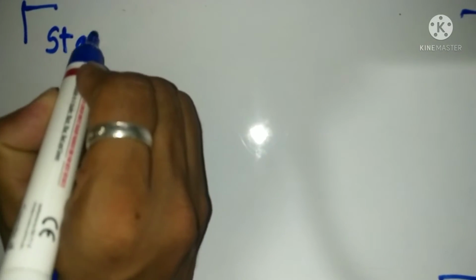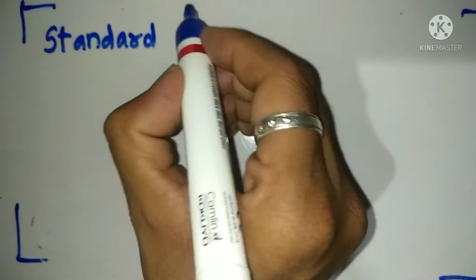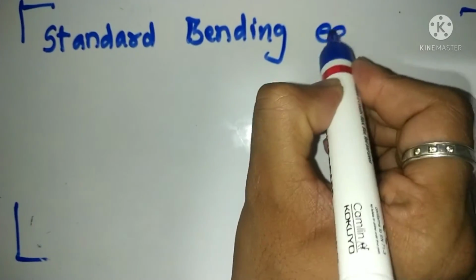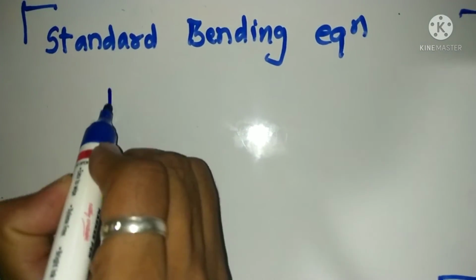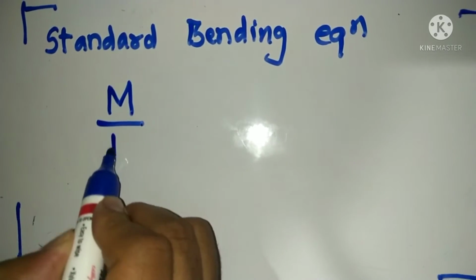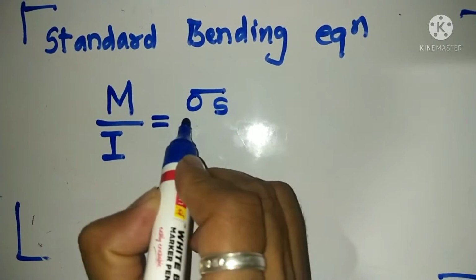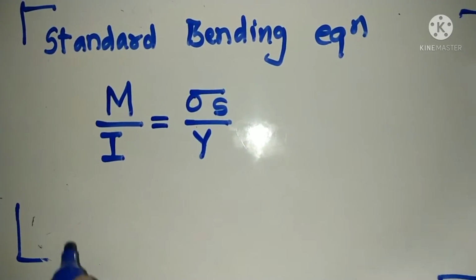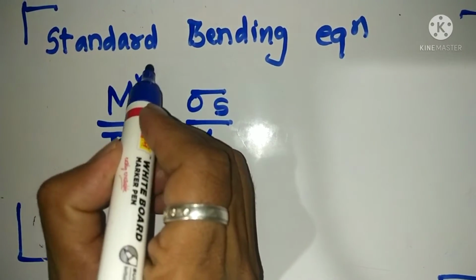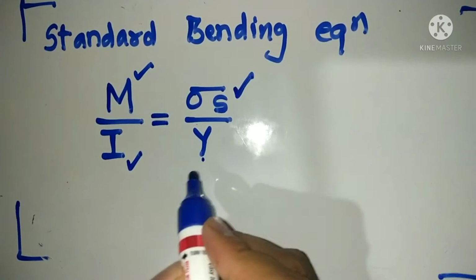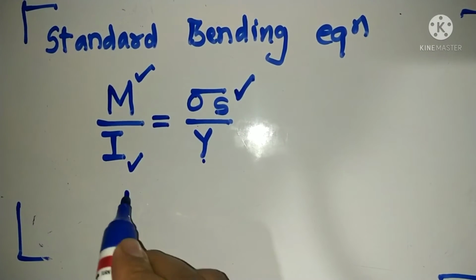So we will start with the solution. First of all, I will write down the standard equation for the bending, which is given by M by I is equals to sigma by Y. Here M is bending moment, I is moment of inertia, sigma is stress, and Y is a distance.